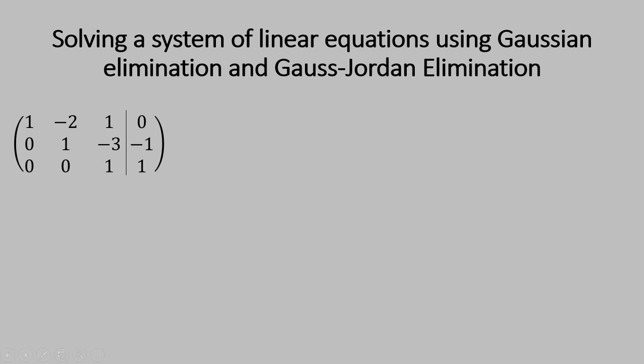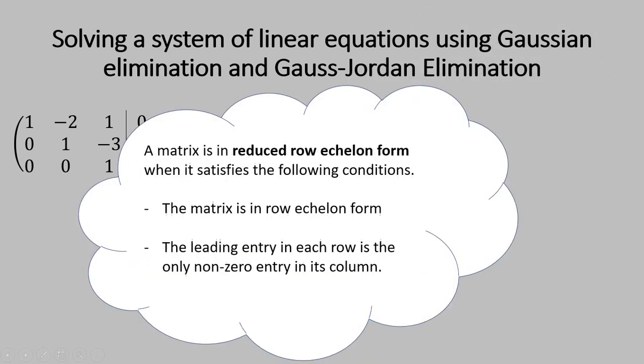And how do we do that? Of course, I'm sure you got it. We add 2 times row 2 to row 1. This is just enforcing what I had just said.